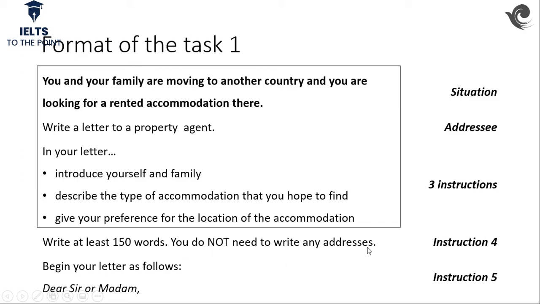So one thing that I would like to point out is this particular instruction, you do not need to write any addresses. What it means is, whenever you are writing the letter, please do not mention anything which is traceable. In the sense, please avoid mentioning your email ID, your phone number or the actual postal address.